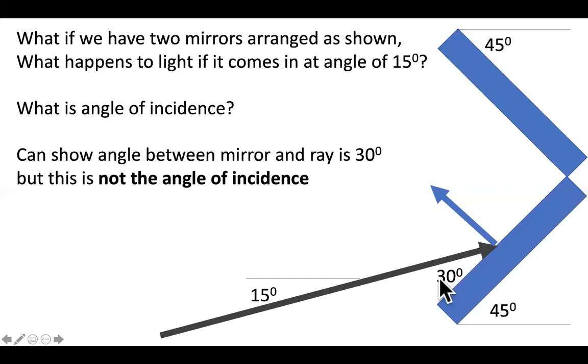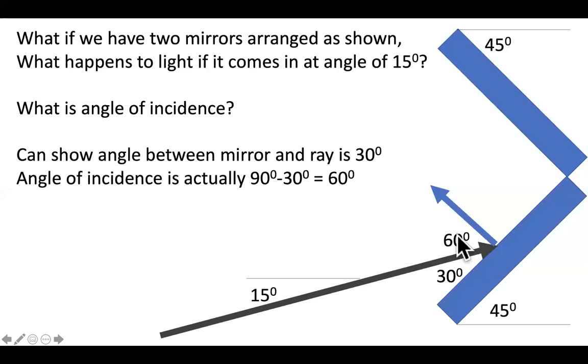The angle of incidence is not 30 degrees. It's not this one. It is this angle. Remember, this is the angle of incidence. What we need now is to figure out what that is. But we know this angle between the blue arrow and this surface is 90 degrees. This is 30 degrees, so 30 degrees plus the angle of incidence is 90. This angle has to be 60.